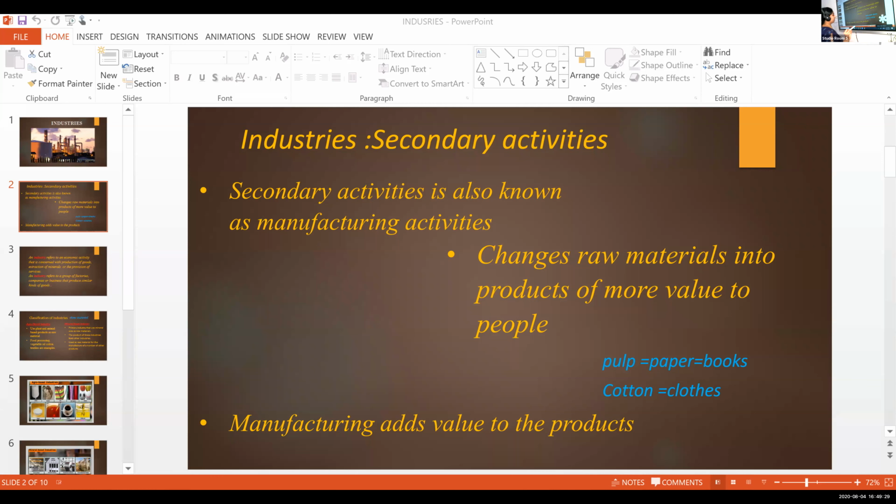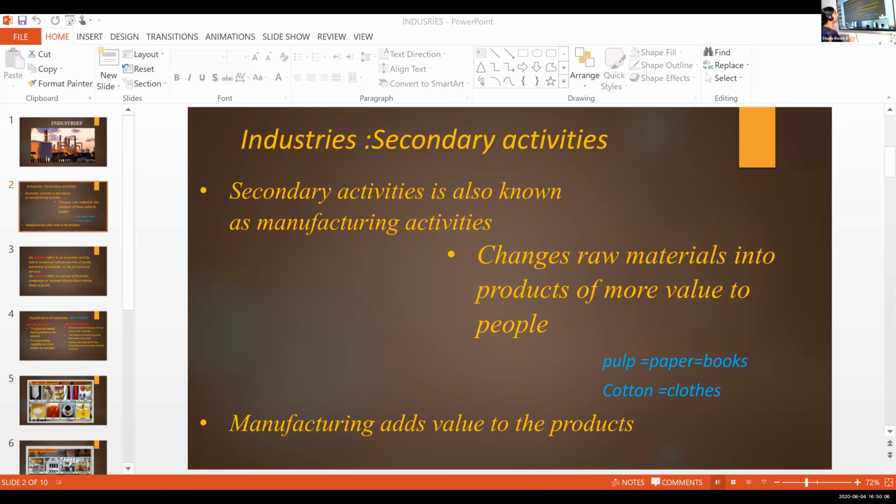Manufacturing activities change raw material into finished product. How is it happening? For example, paper pulp is converted to paper or books. Cotton is a raw material, converted to clothes, cotton fabrics. Then what is raw material?